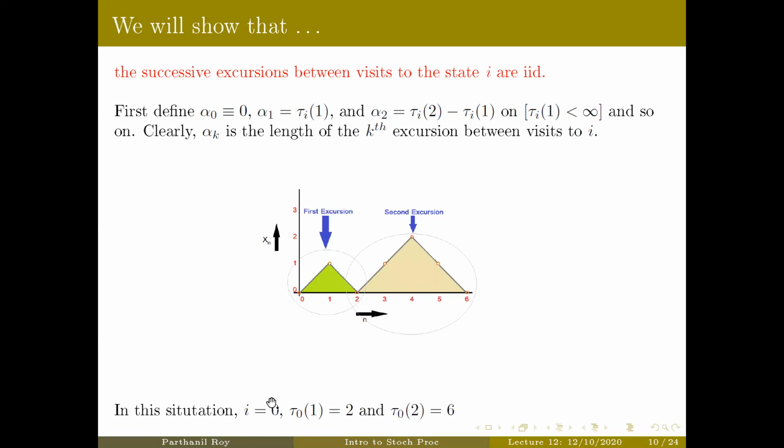So in this example, we had taken I to be equal to 0. Our first return time was 2, and the second return time was 6.